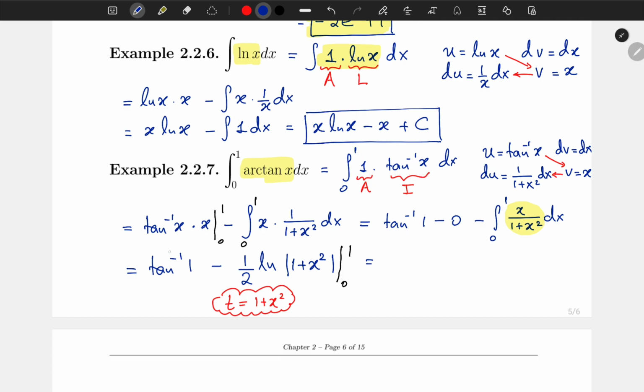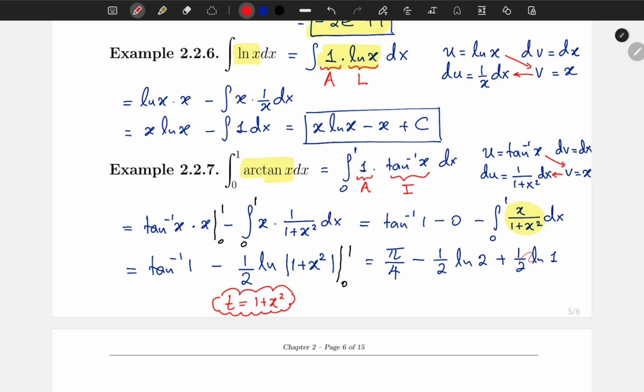Okay, inverse tan 1, the angle where tangent becomes 1, is pi over 4. When you evaluate at 1, you get half ln 2, then minus, because of 2 minuses it becomes plus, half ln 1.